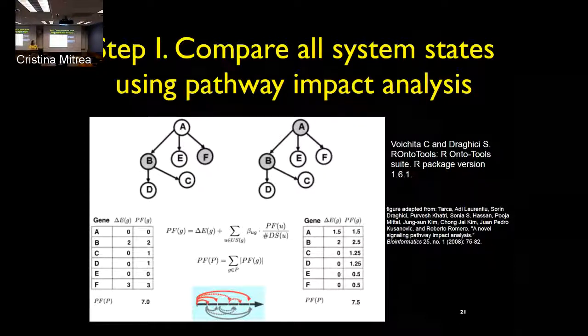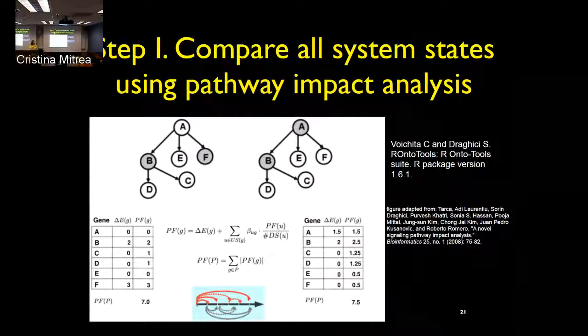So we want to give that gene a higher weight. So we propagate the change that happened to that gene to the downstream genes. And in the case where a gene is lower on the pathway hierarchy, this change gets propagated only to lower levels.